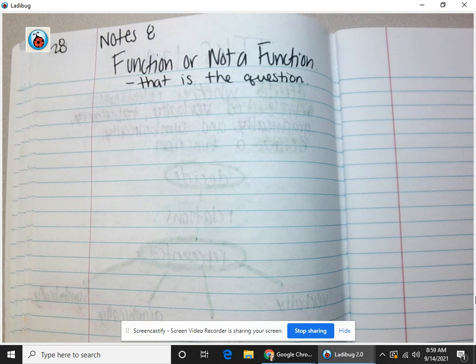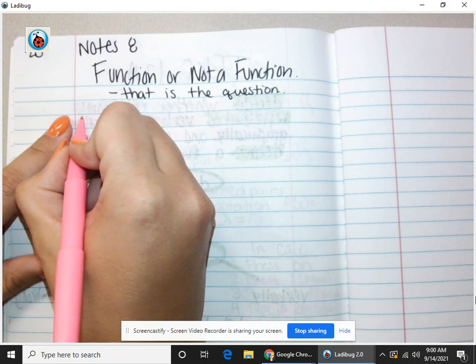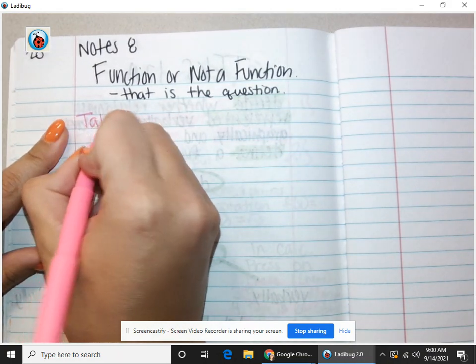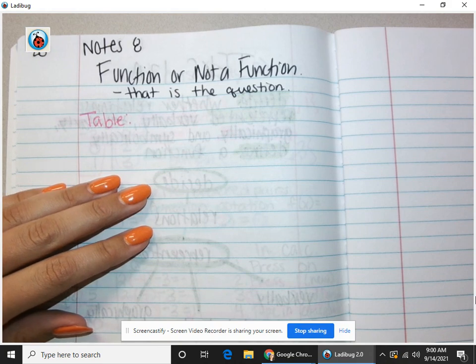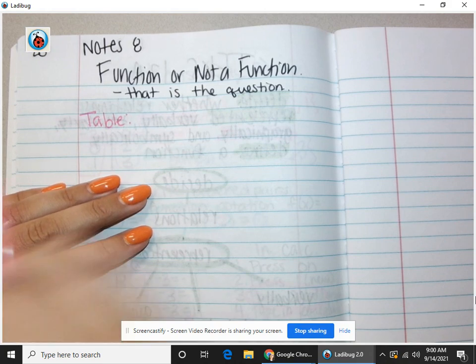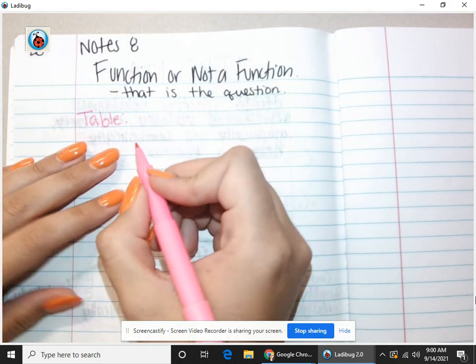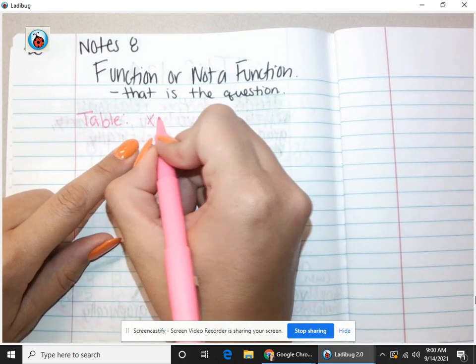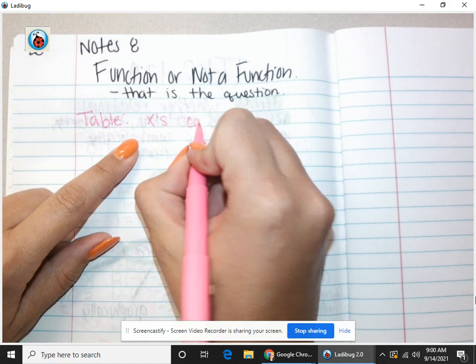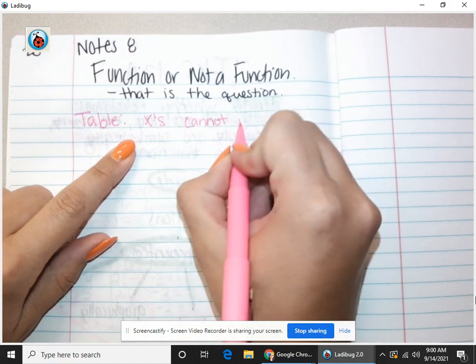Okay, so there are many different ways that we can talk about a function being a function. So we're going to define those first before we get into actually looking at it. So first, when I've got a table, basically the easiest way to say this, x's cannot repeat.